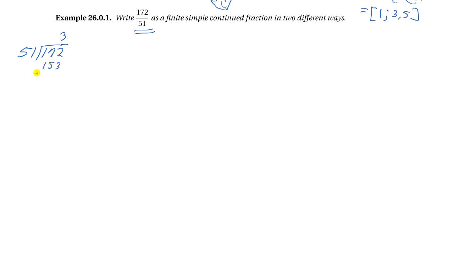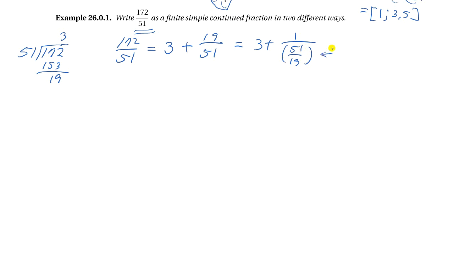So 153, remainder is 19, which means that 172 over 51 is the quotient plus remainder over divisor, or 3 plus 1 over 51 over 19. And that tells us what we are supposed to do, right? 51 becomes the dividend and the remainder 19 becomes the divisor.